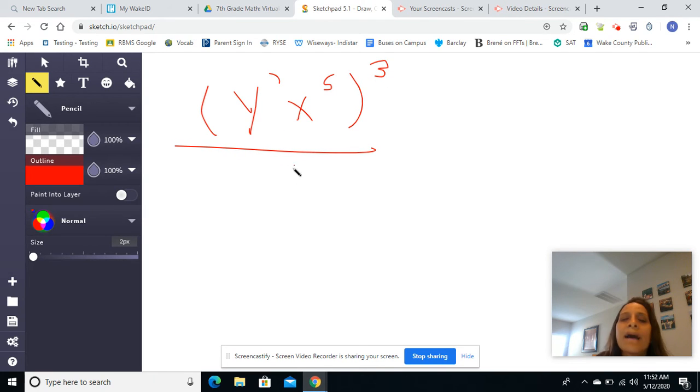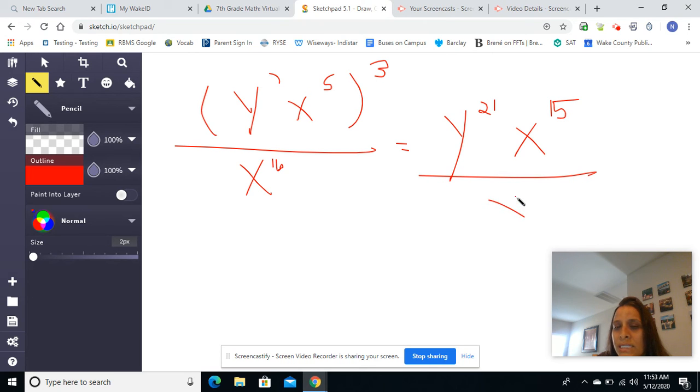And then, just as a complication, I'm going to divide by x to the 16th. Now, the first thing you want to do is solve your power notations first. So this becomes y to the 21st, because 7 times 3, x to the 15th, divided by x to the 16th.